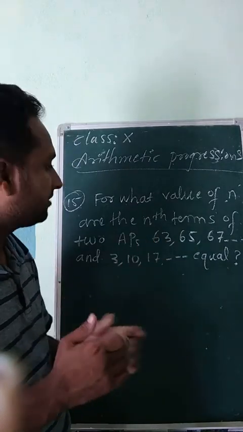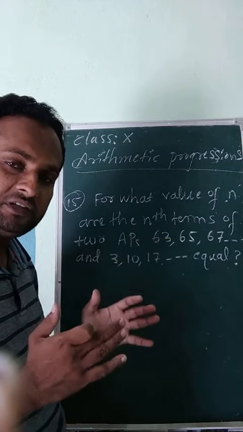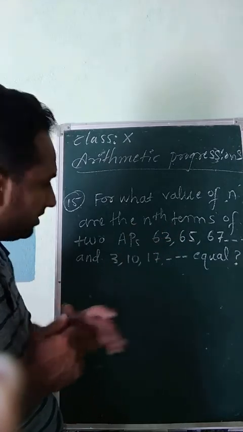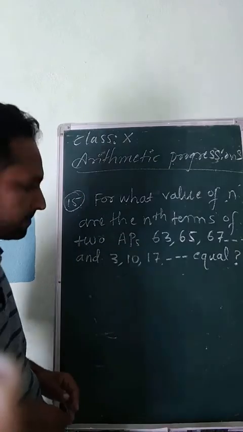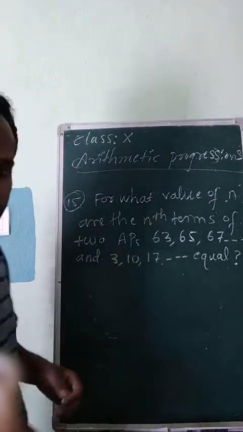You have to find that here. Two APs are given here. I think you understood this question.